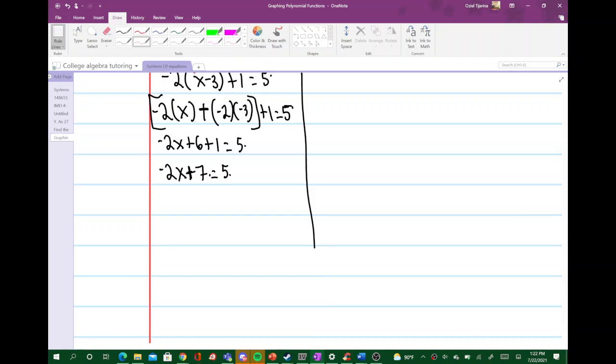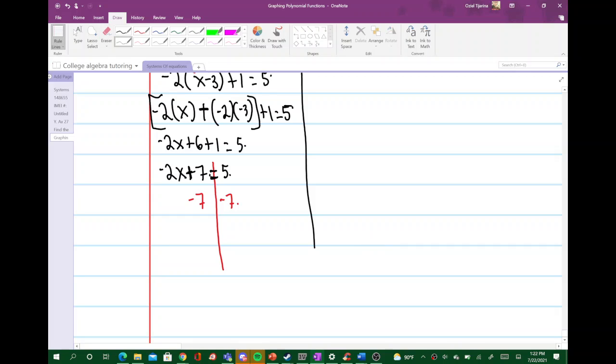Once we do that, to solve for x, what you have to do is isolate your variable. Now, some people like to draw a line to help make sure everything is in order. You can do that if that helps you. So what you're going to do is subtract 7 on both sides, because again, what you want is to make it in terms of x equals something, right?